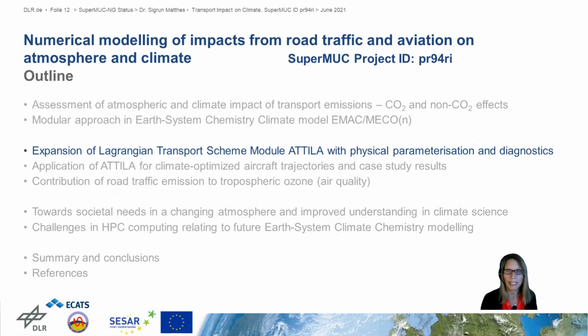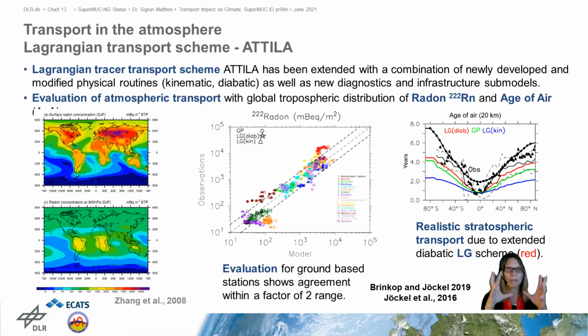How are we then doing this? By way of example, I want to show you the expansion of a Lagrangian transport scheme. In the atmosphere, transport is, of course, one of the central mechanisms. So our model system allows different transport schemes to be available and used, to see how to best model the behavior.